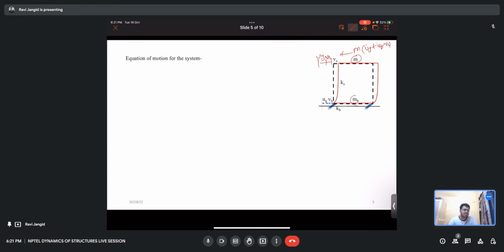For this mass m_b, the acceleration would be u_g double dot plus v_b double dot, because v_s is in the upper part. So the acceleration force would be M times (u_g double dot plus v_b double dot plus v_s double dot) plus m_b times (u_g double dot plus v_b double dot).